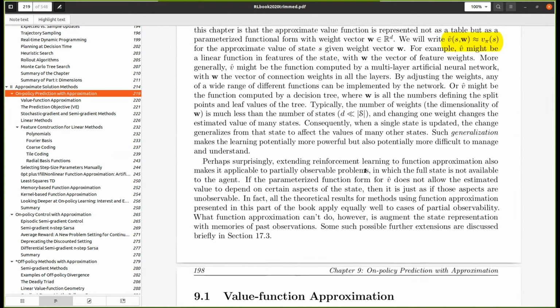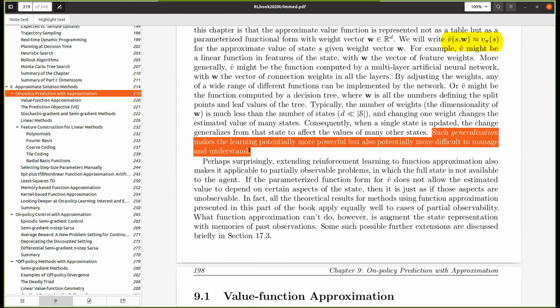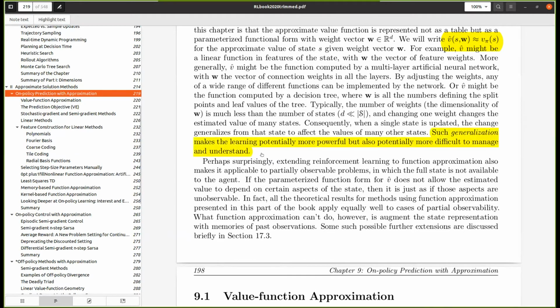Therefore, we need this value function to generalize, to produce some meaningful results. As I mentioned before, generalization makes the learning potentially more powerful, but also potentially more difficult to manage and understand. That's an important point about function approximation.